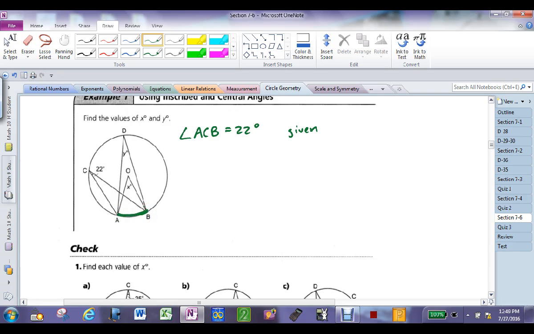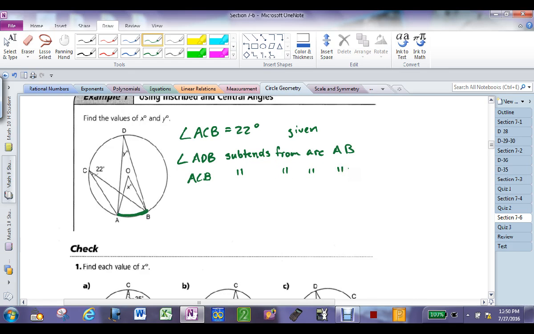Does anything else come from that arc? ADB comes from that arc. Angle ADB subtends from arc AB, yes? ACB subtends from arc AB, yes?